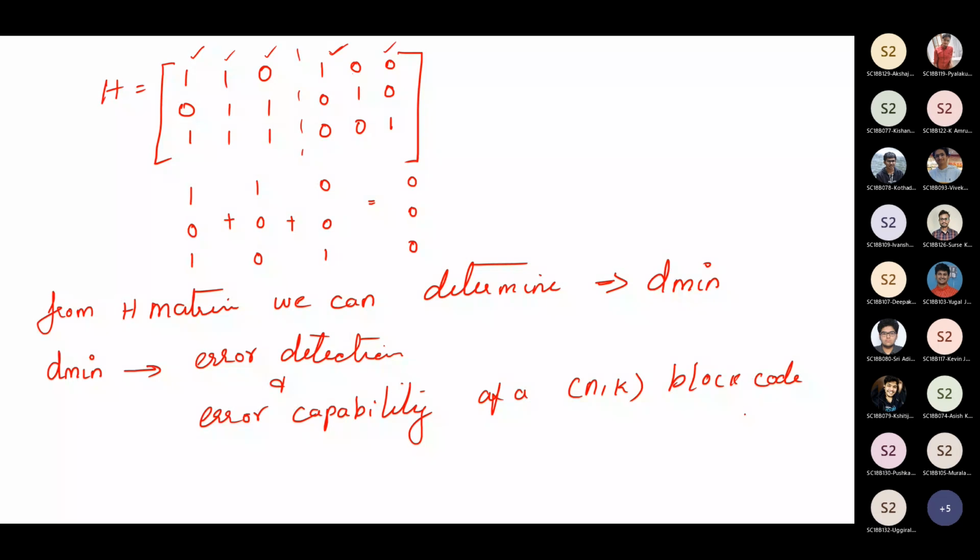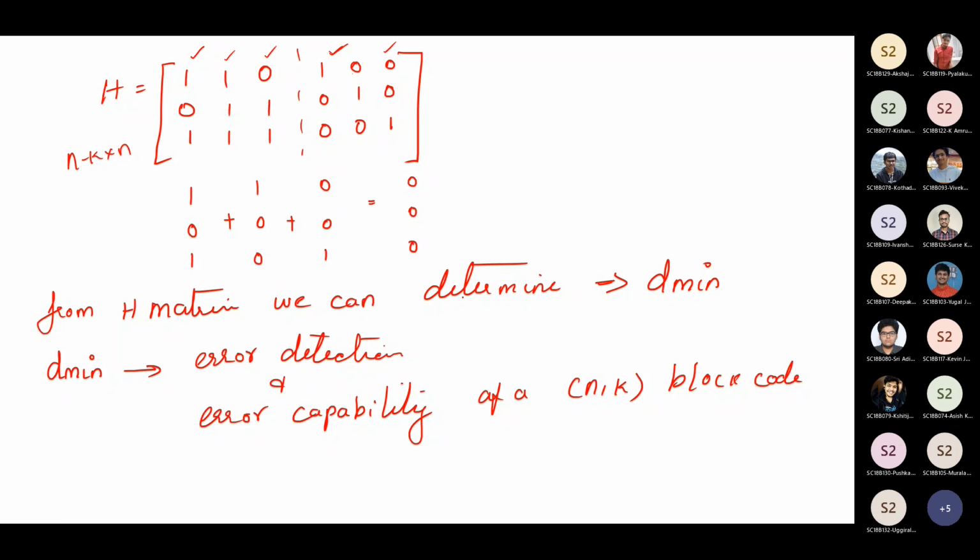If the N and K are very large, then it is very difficult to find the D minimum from the code. Instead of that, from the H matrix, because the H matrix size is only N minus K cross N, we can easily determine the D minimum value.